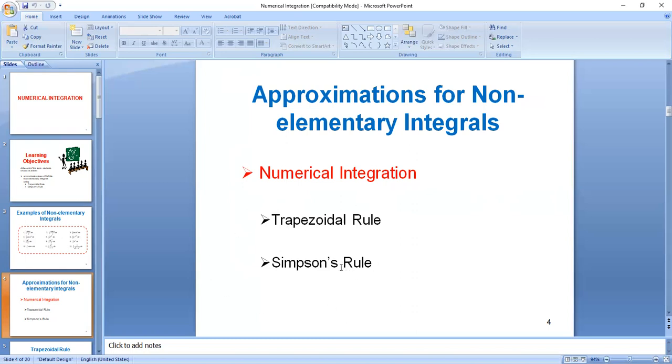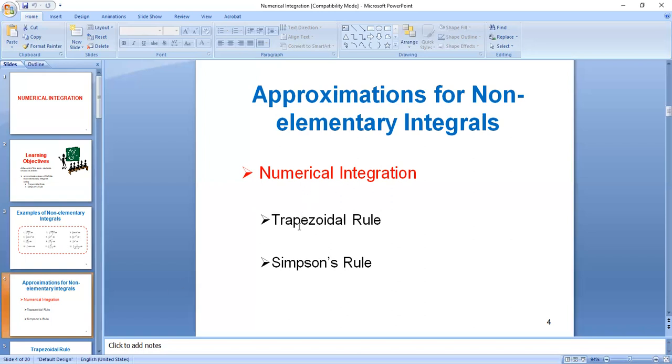I'd like to emphasize, however, that in the process of using these two methods, the area under your curve, enclosed or bounded by your limits, is divided into n equal parts. So the number of divisions is n.